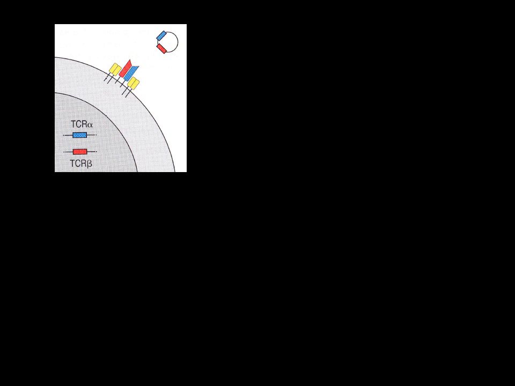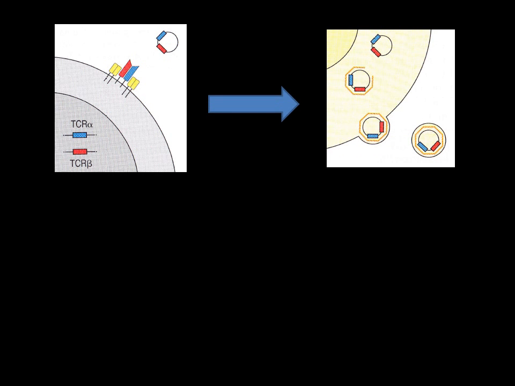The genes encoding the alpha and beta chains of a specific T-cell receptor are cloned into a retroviral vector. The vector is transferred into a special packaging cell line which secretes the vector DNA inside viral particles.